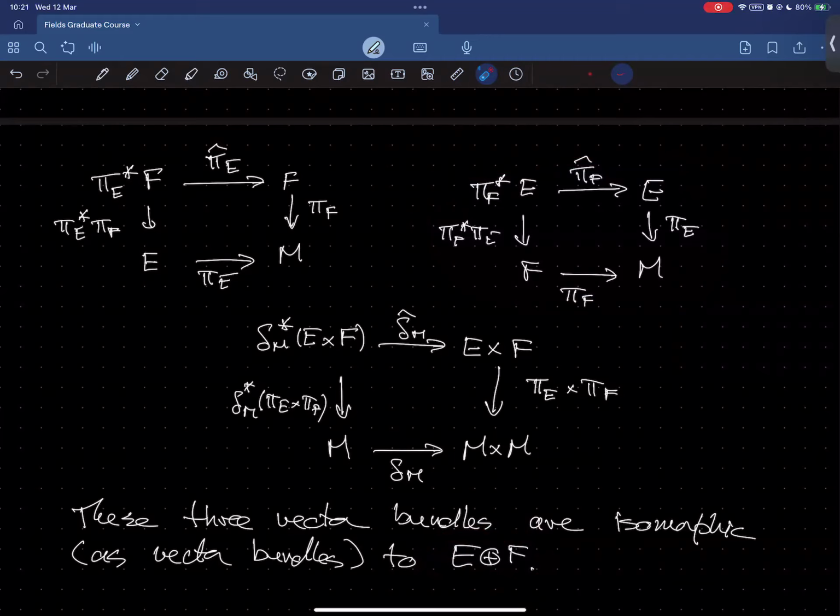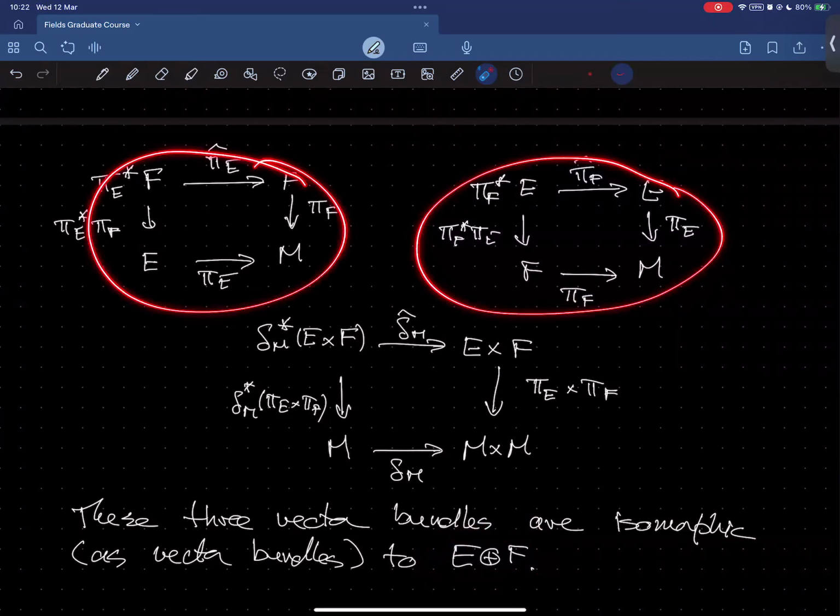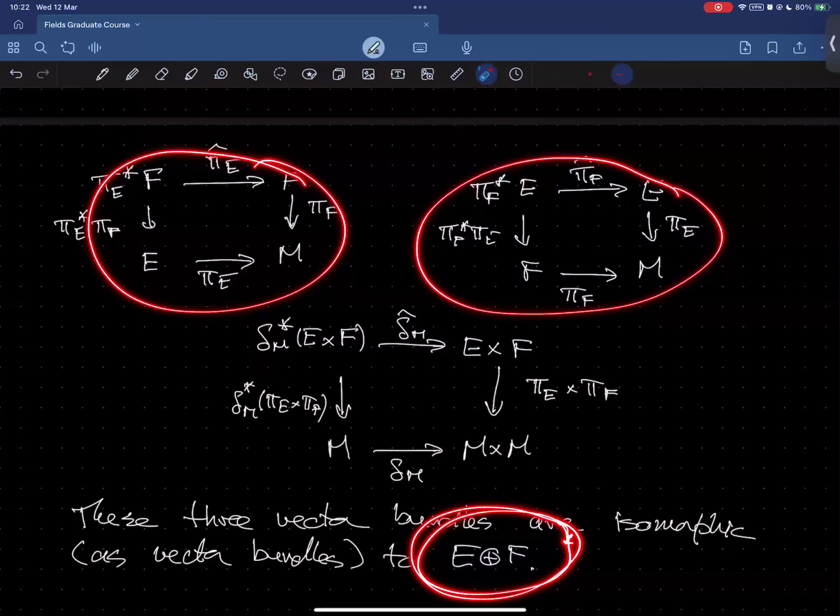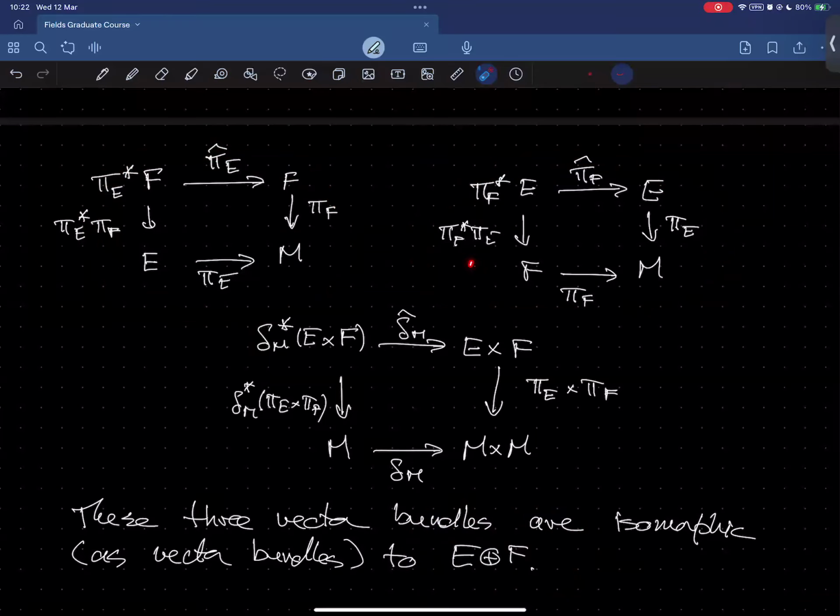So as sets, this and this and this are in bijective correspondence. That's easy. The hard thing is showing that the vector bundle structure that we gave here agrees with the vector bundle structure here and the vector bundle structure here. Okay. So, that's where you have to understand the vector bundle structure of the pullback.